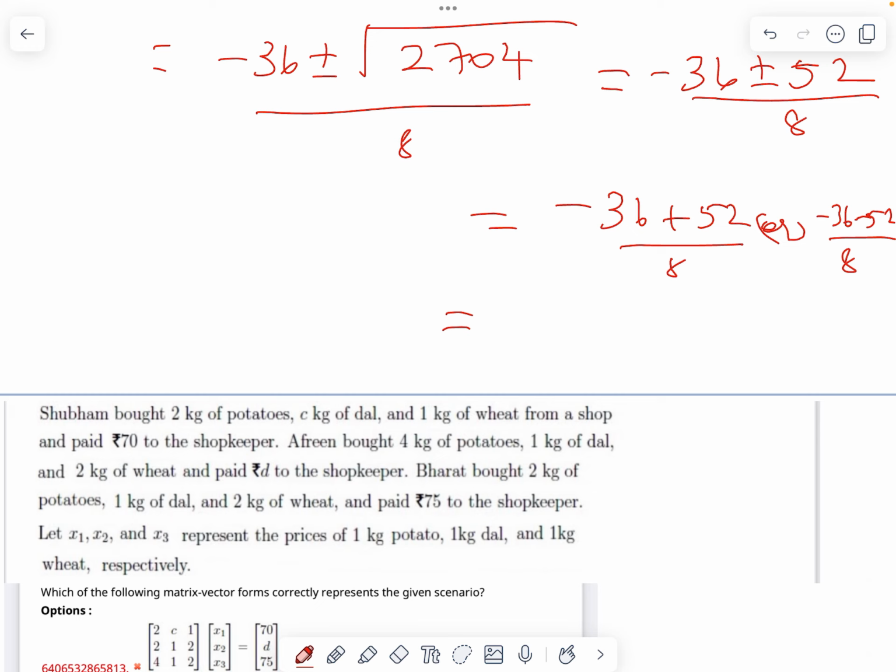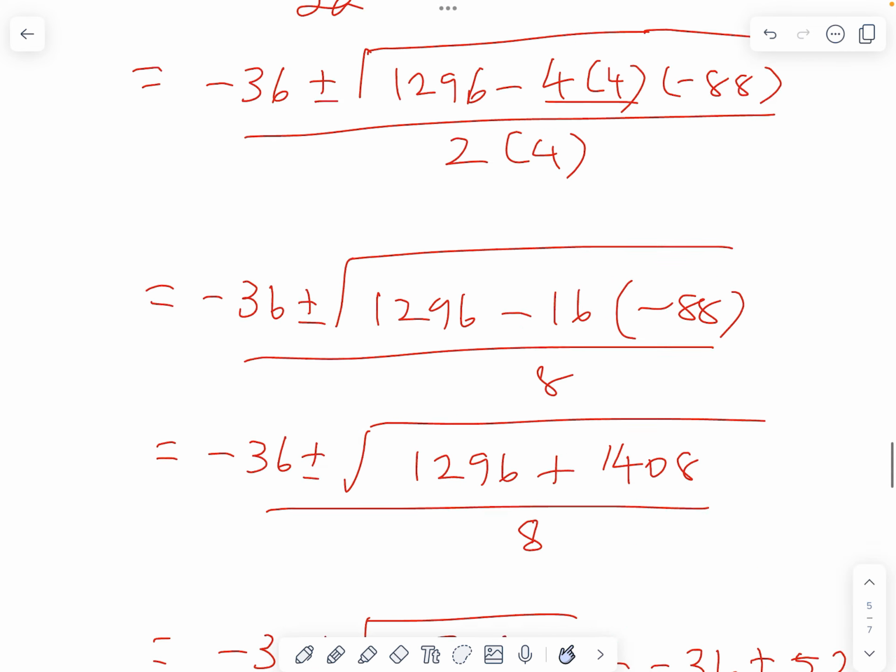Minus 36 plus 52 gives 16 by 8, or minus 88 by 8, which is minus 11. So 16 by 8 is 2, or minus 11. The value of variable x can't be negative, therefore the final answer is 2.